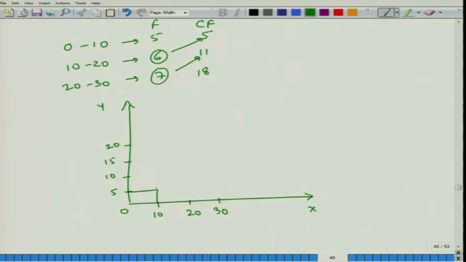So, we take this point. Then how many values are less than 20? We have 11 values that are less than 20. And how many values are less than 30? We have 18 values that are less than or equal to 30. When we join all these points together, we get the ogive.